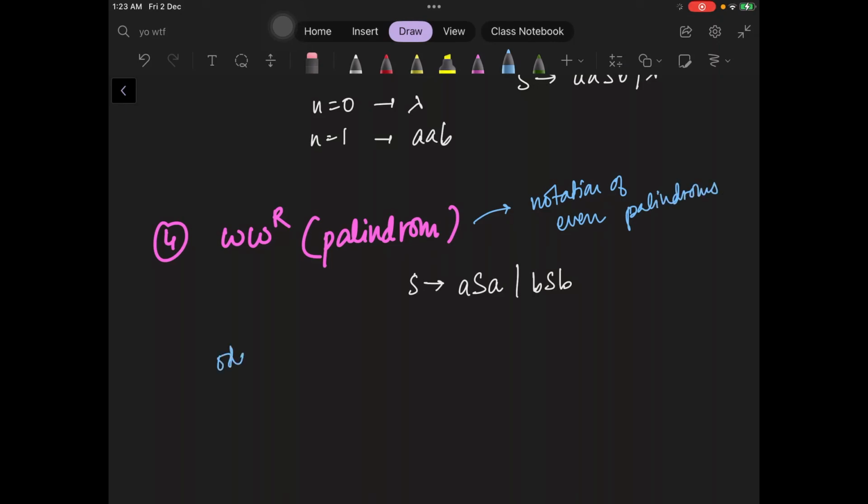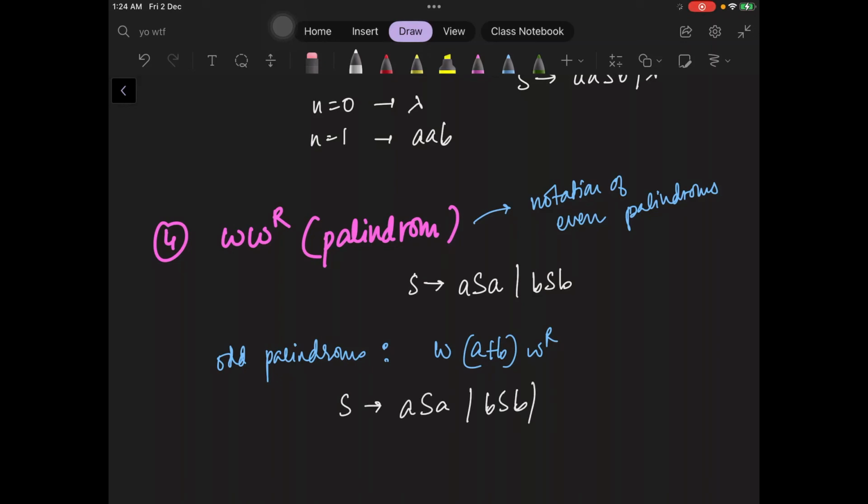Now for odd palindromes, you have W, then A or B, either A or B, and then you have the opposite of it. So for this one, your grammar would be ASA, BSB, A or B, and your shortest one can still be lambda.